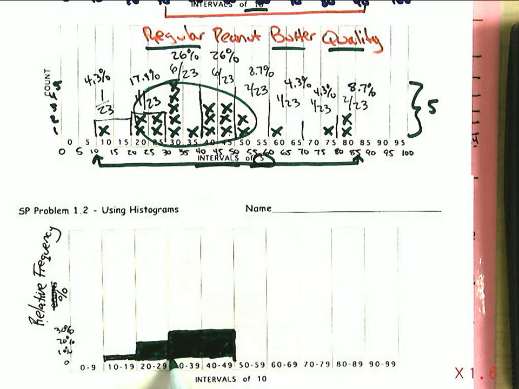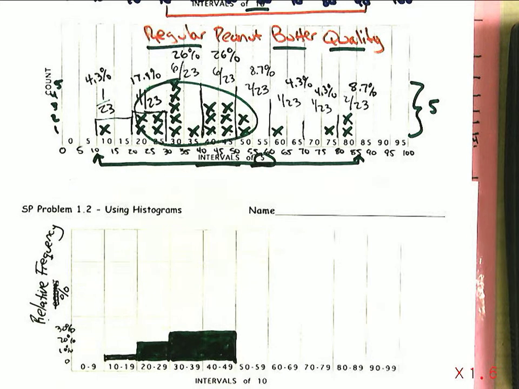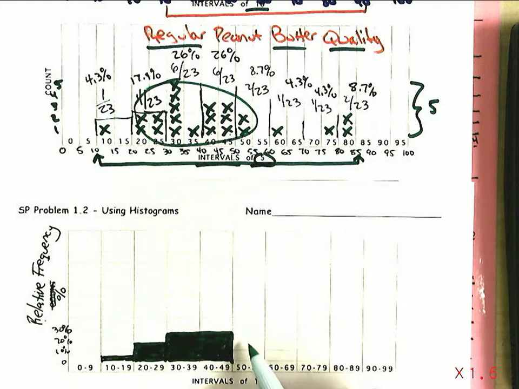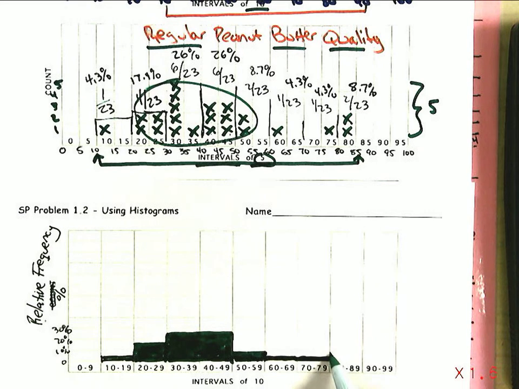We're just keeping track of data, though there are other uses for bar graphs. And the next interval, 50 to 60, is 8.7%, so under 10%. And then another 4.3%, so very little, less than half. And another one, less than half. And then another 8.7%.